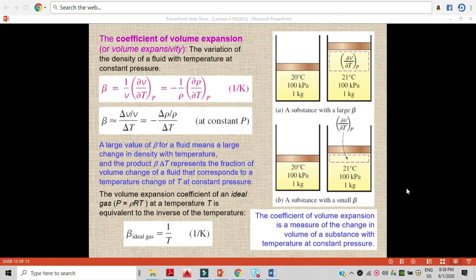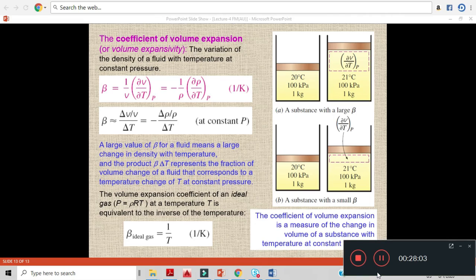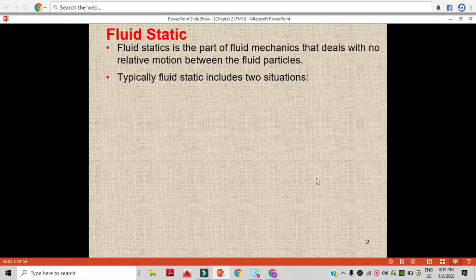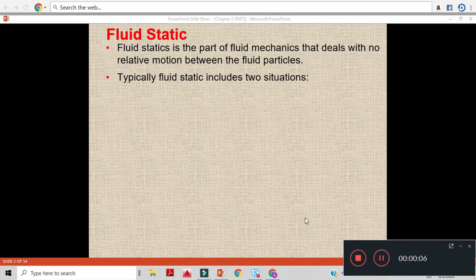So now we are going to start the next chapter, that is fluid statics. So what is fluid statics? Fluid statics is the part of fluid mechanics that deals with no relative motion between the fluid particles.